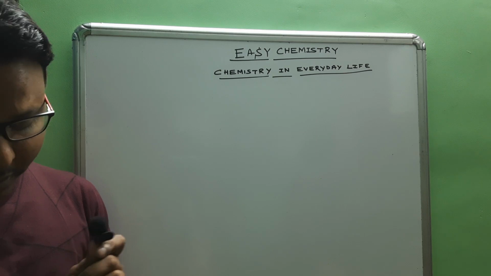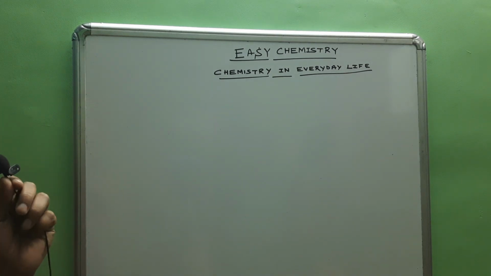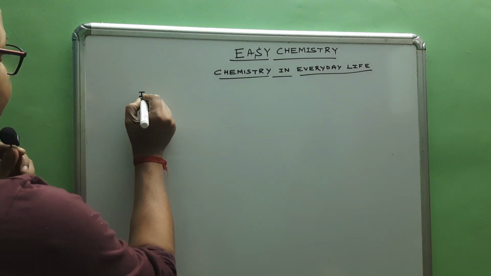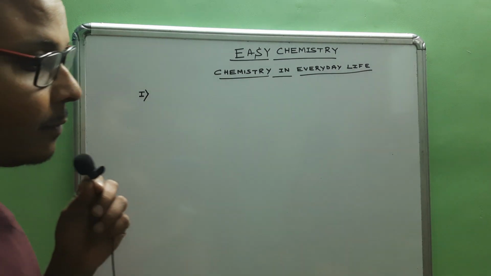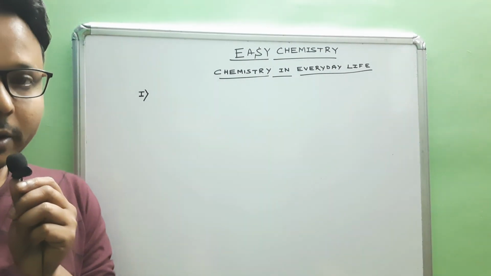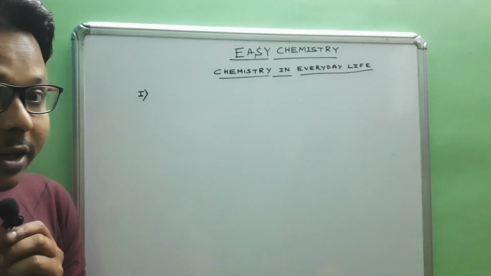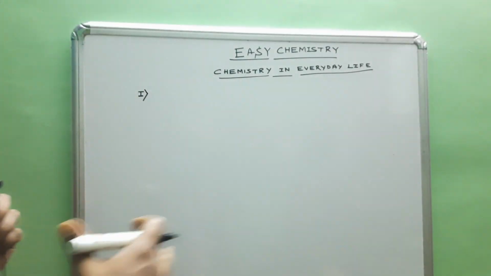First, we are going to look at the compounds used in medicinal chemistry. Our present day life basically depends on medicines, so we have to have a clear understanding of the medicines we use in our day to day life.